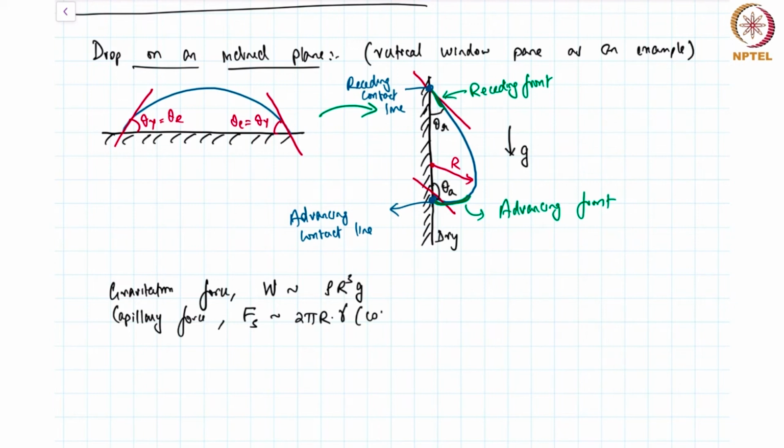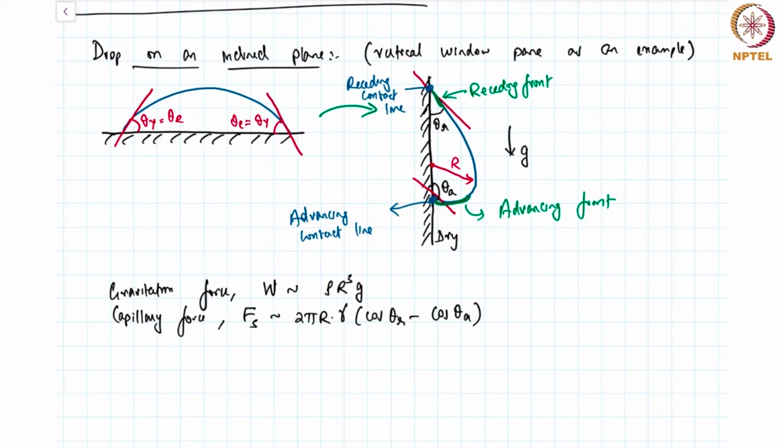Again we have the same thing here. We have cosine of theta 1, and what we had earlier was theta r minus cosine of theta a. So theta 1 is basically like theta r and theta a is like theta 2, right?